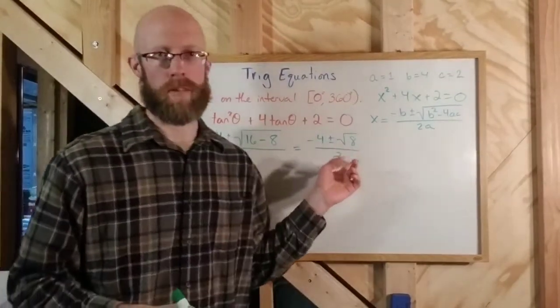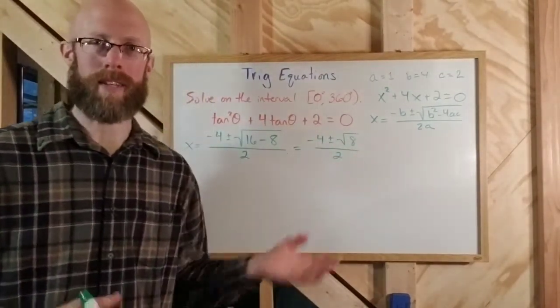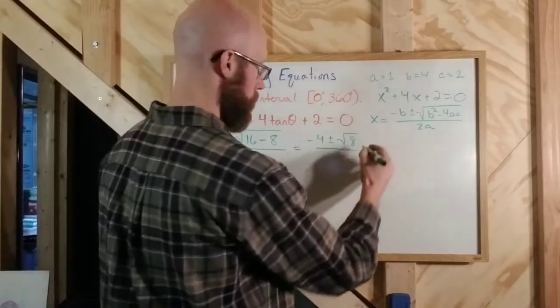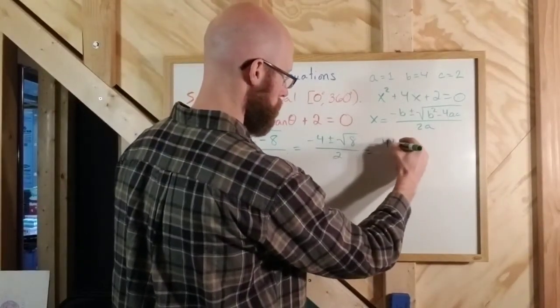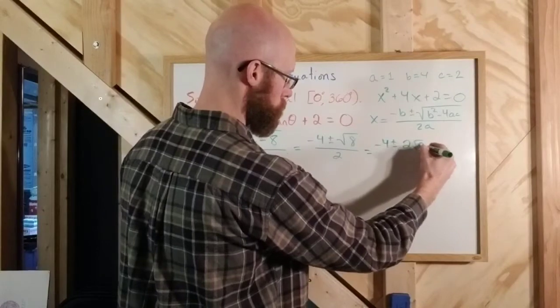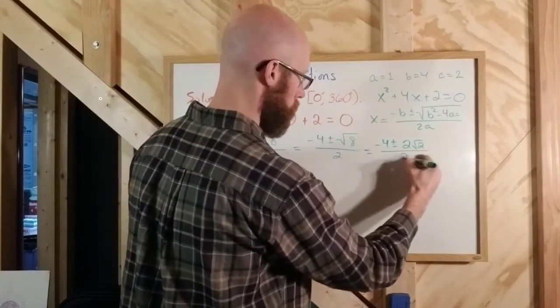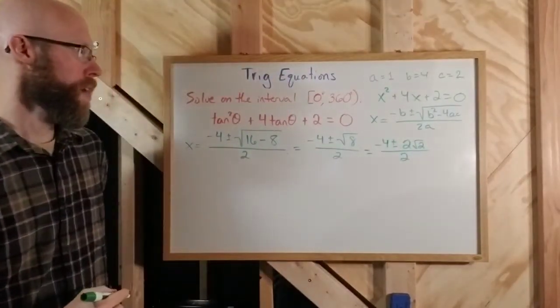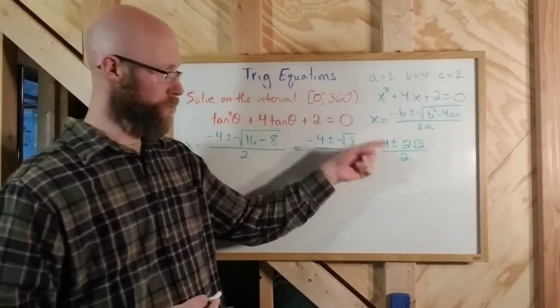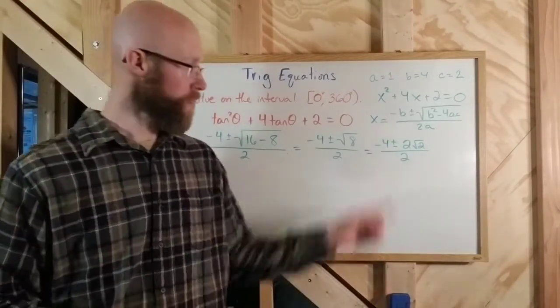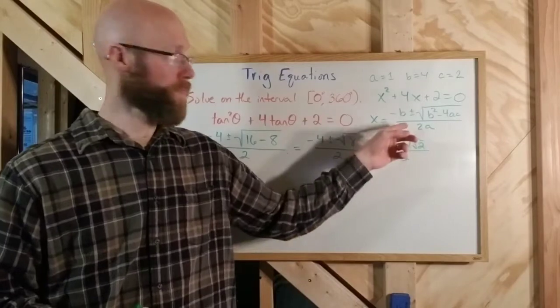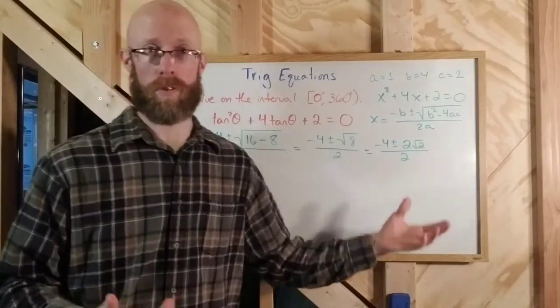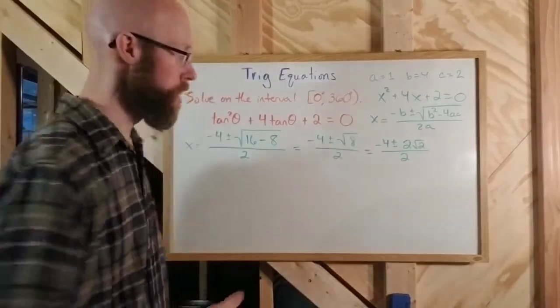And of course, if I simplify this a little bit more, the square root of 8 is 2 root 2. So this becomes negative 4 plus or minus 2 root 2 all over 2. And then I could split that 2 to each term on top, right? 4 divided by 2 is 2. 2 root 2 over 2 is just root 2. Lots of 2's.